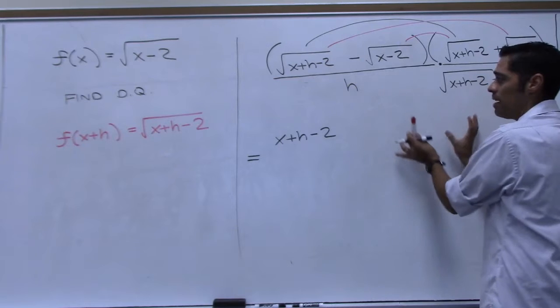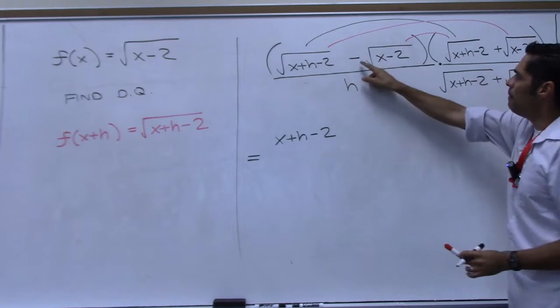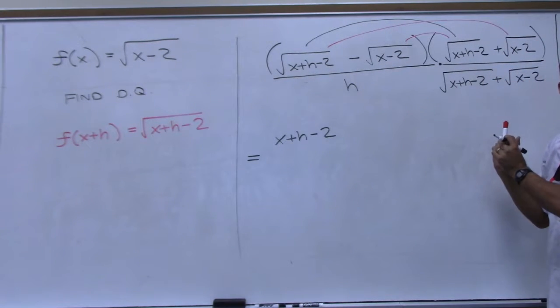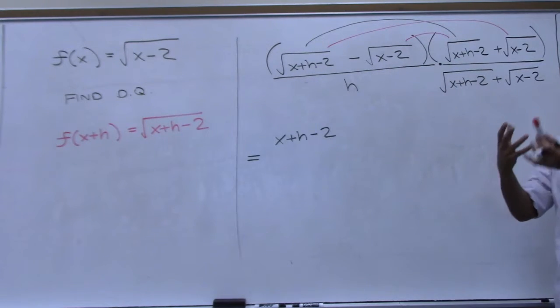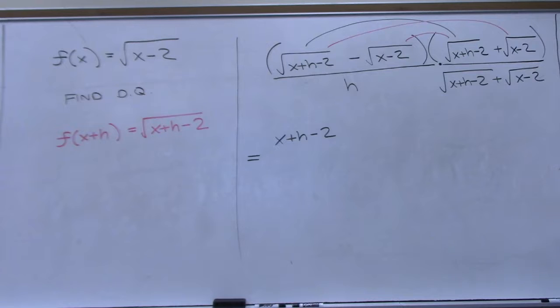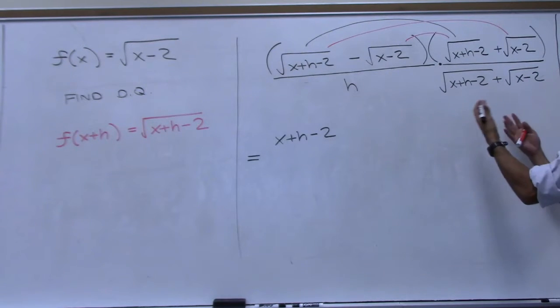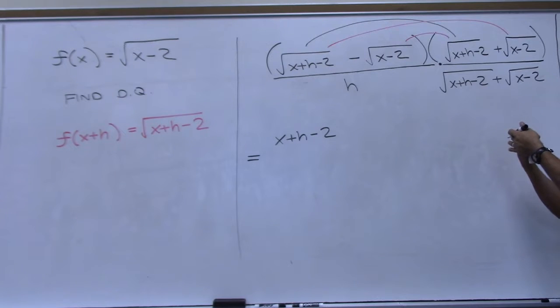You would just have those two square roots. But then you have minus the same two square roots being multiplied. So they're opposite in sign, but they're exactly the same thing. So the middle two terms are going to cancel, so we don't even need to write them. Alyssa, you're okay with that? All right. That's the whole reason we use the conjugate, because the middle terms will go away.